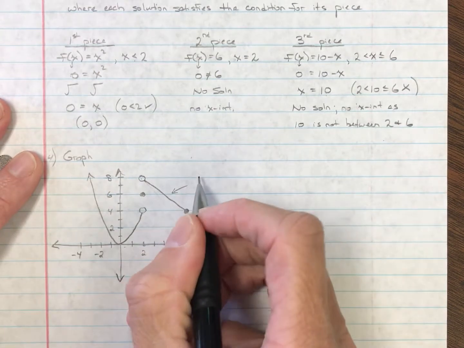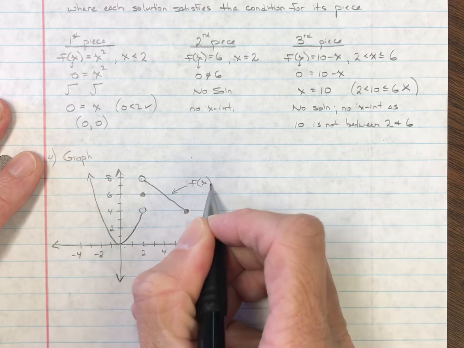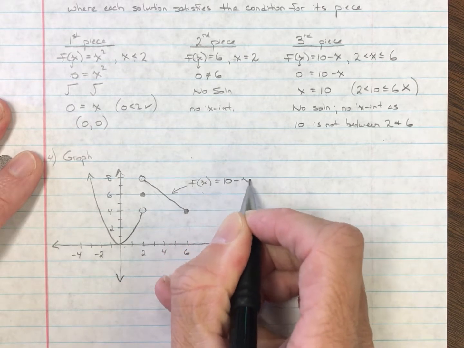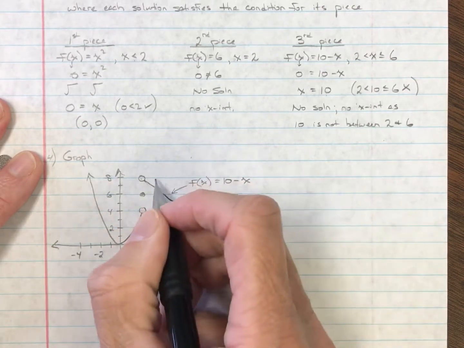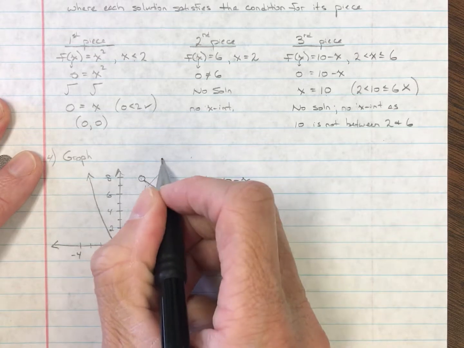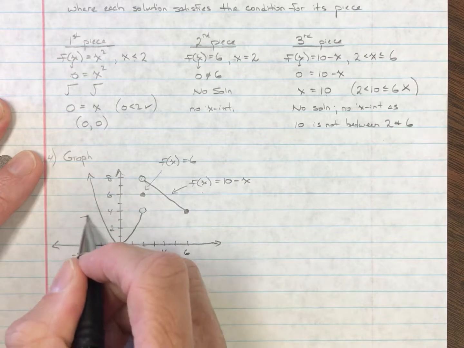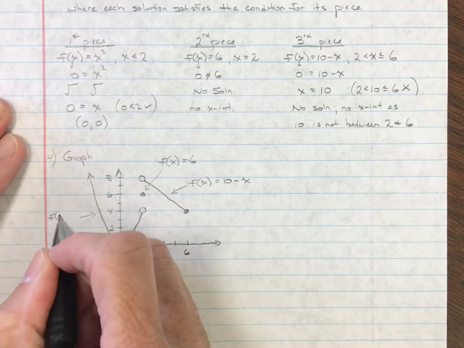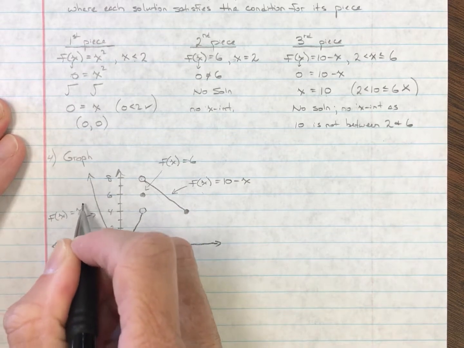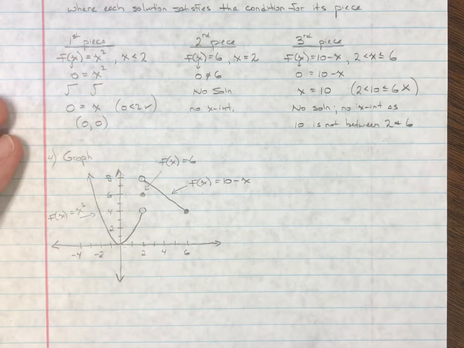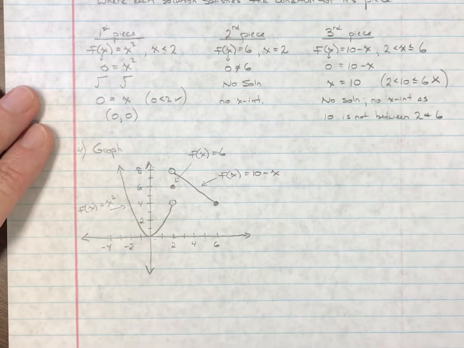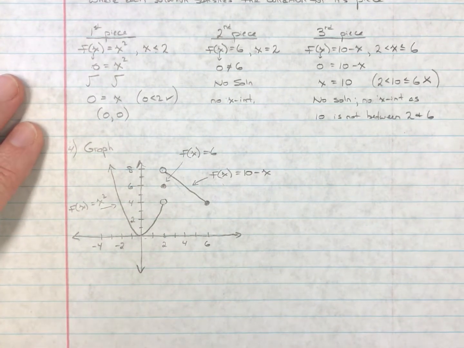This is the piece f of x equals 10 minus x. This is the piece f of x equals 6. And this is the piece f of x equals x squared. And that's the graph of this particular piecewise function.